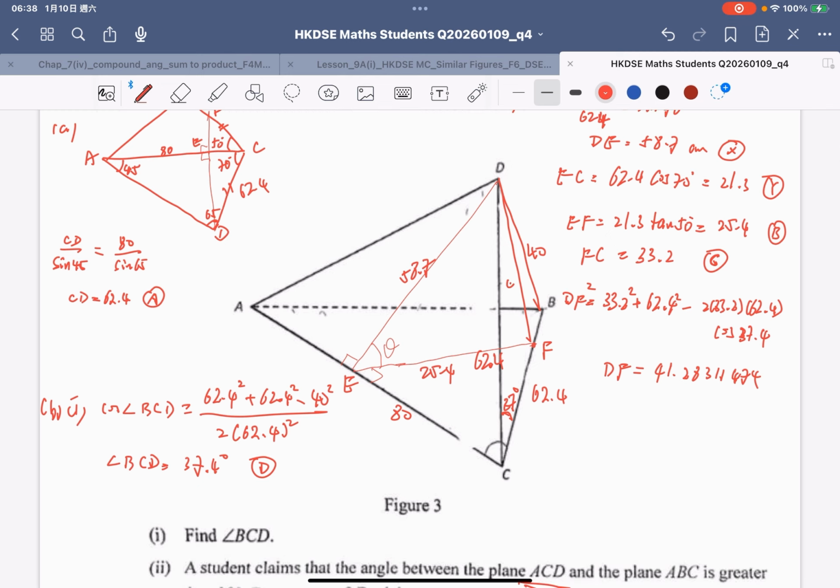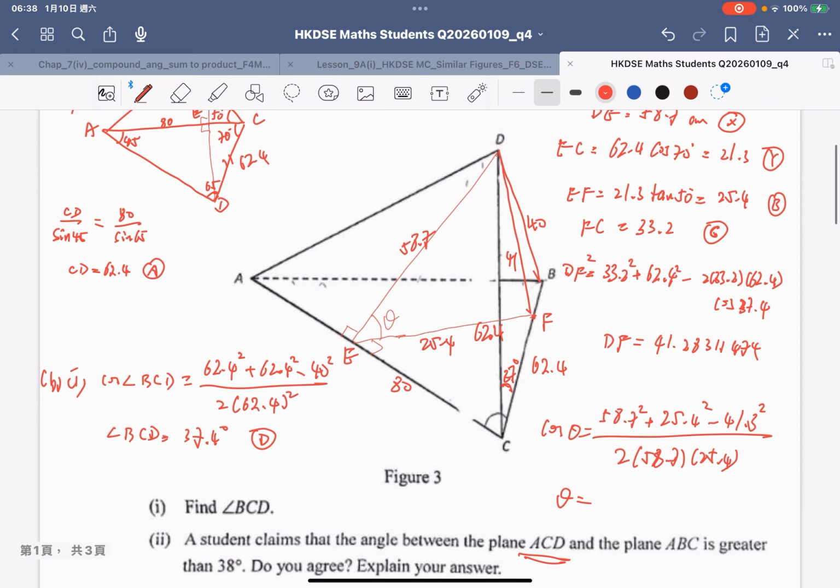Finally, I call this 41.3. You can see that for this triangle, it is a nice triangle. Then cosine theta equals 58.7 square plus 25.4 square minus 41.3 square over 2 times 58.7 times 25.4.